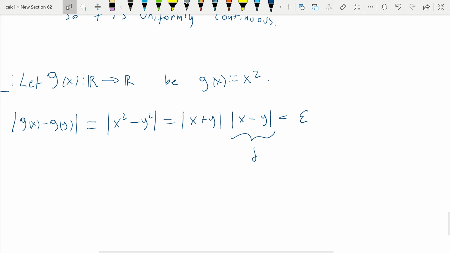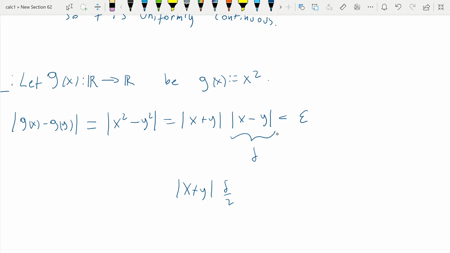In fact, look, if it were equal to delta over 2, say, then what you would be concluding here is that x plus y is bounded by something. If delta is greater than 0, then delta over 2 is smaller than delta.